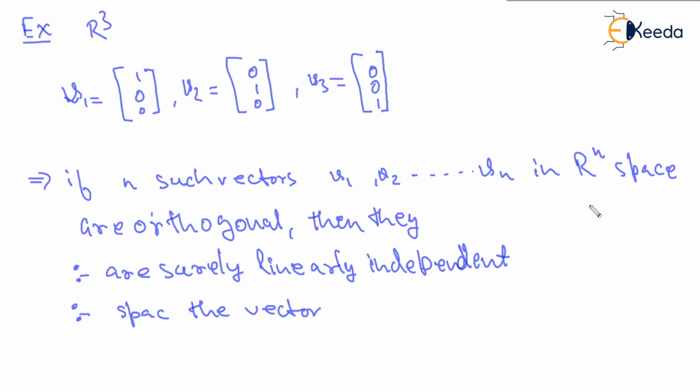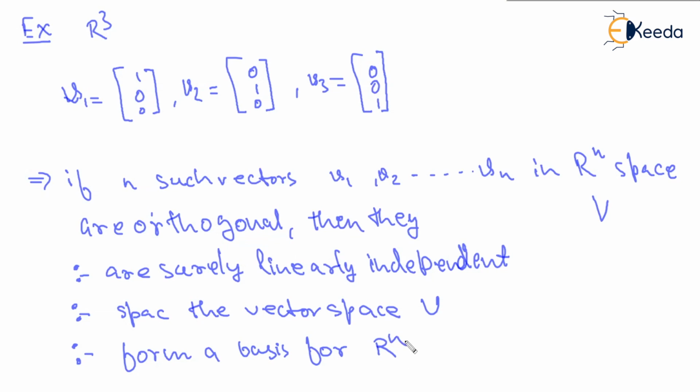Let's say if this Rn was vector space V, so they span the vector space V and form a basis for the Rn vector space.